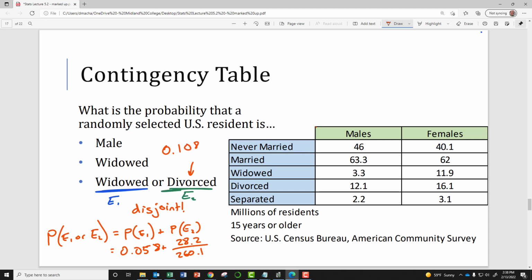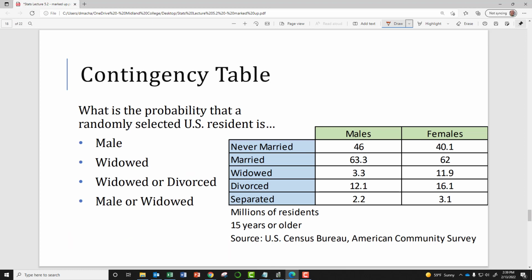And so we're talking about 0.108 plus 0.058, which is going to give me 0.166. So the answer here is 0.166, or we could write that as 16.6% for widowed or divorced.